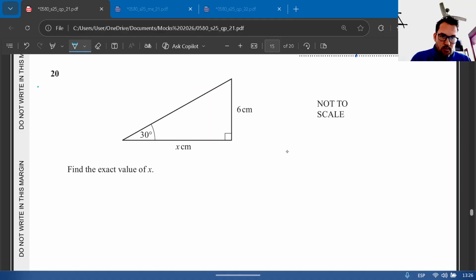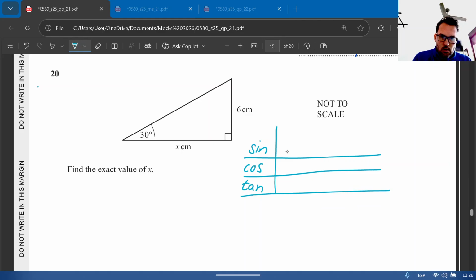We need to do sin, cos, and tan. And then we need to remember the angles. It starts with 0 degrees. And then we've got 30 degrees.